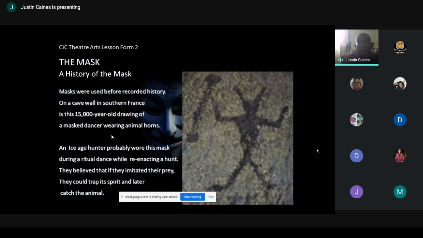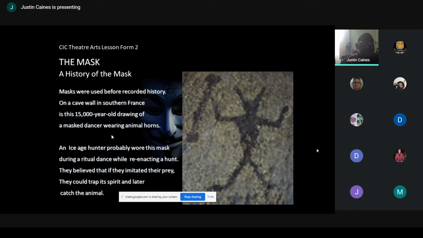So sometimes before they actually went on the hunts, they would go into this ritual dance, probably drink something weird, get a little high, right? Perform these dances and then go out and hunt these animals down. If it was southern France, it was probably bison or something that they were chasing. But this is evidence that masks were used at that time, again, 15,000 years ago.